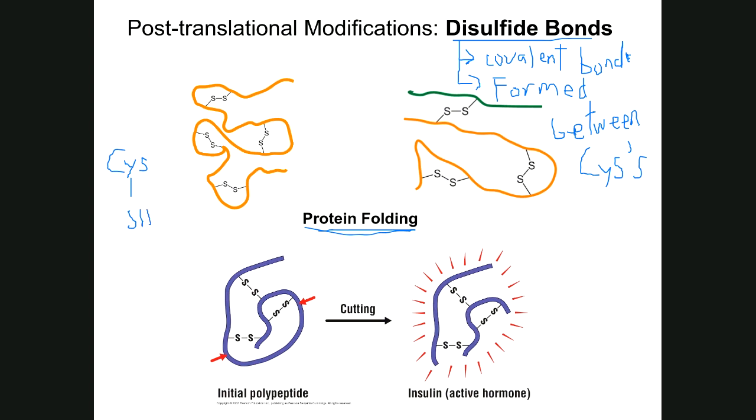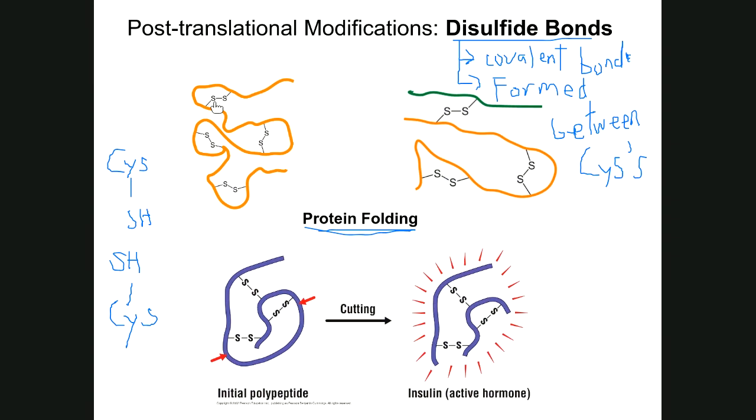So when you have two cysteine amino acids along a single polypeptide chain or between two polypeptide chains, the cell will fold the polypeptide to where these two cysteine amino acids are across from each other. Therefore, these sulfhydryl groups are across from each other.